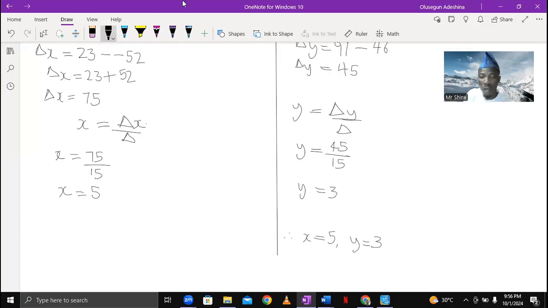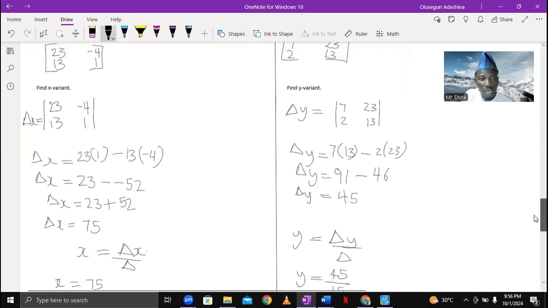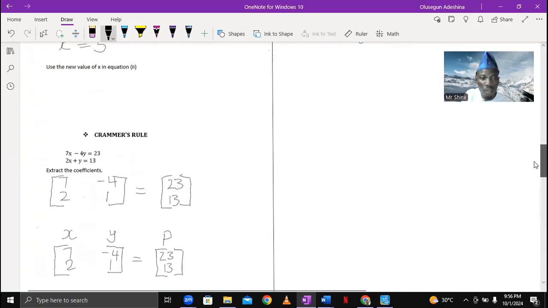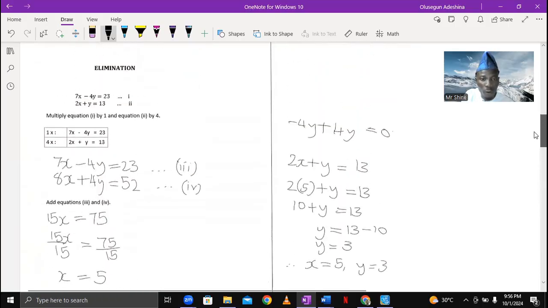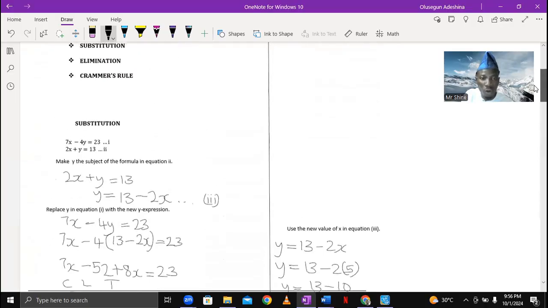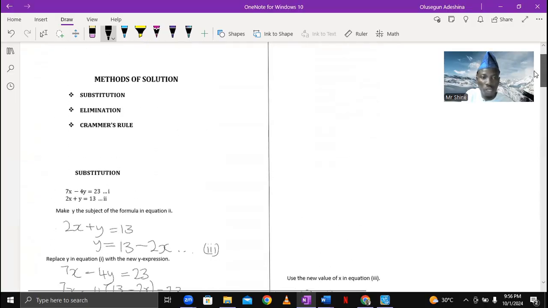Comparing this answer with the ones we had when we used the substitution and the elimination method, they are the same. Therefore, all workings are correct and all the answers are also correct.